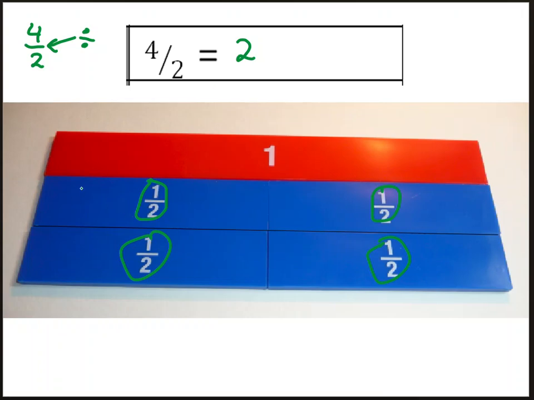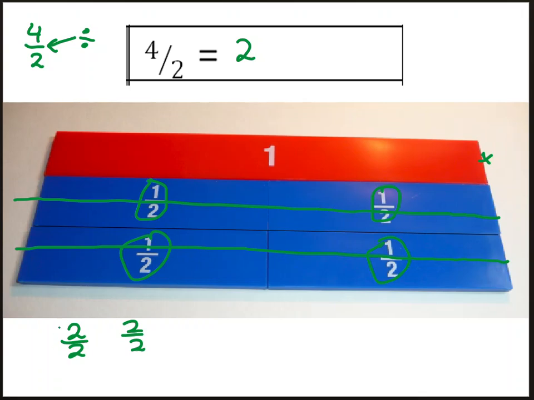That's true because if we have 4 halves, this row right here makes one whole, because that's the same as this red piece. And this whole right here makes a whole. 2 halves make a whole. The first one was 2 halves, and the bottom one was 2 halves.